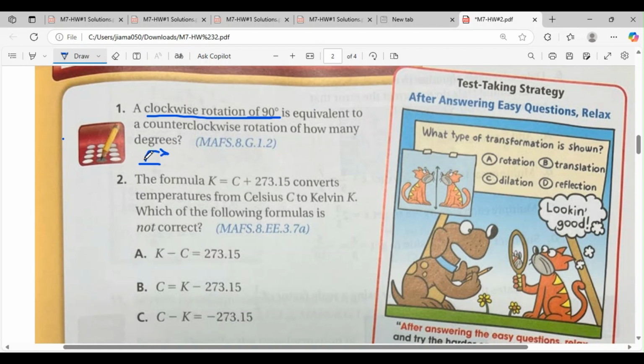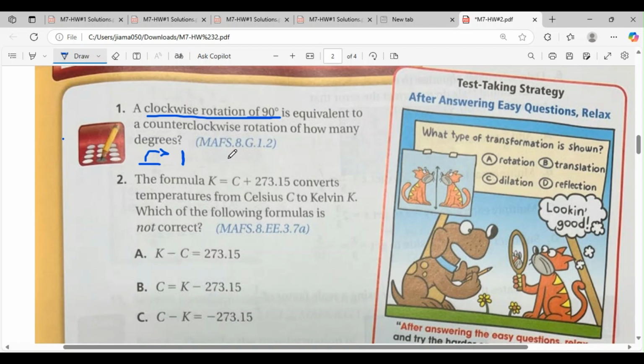Which means the line will look like this after rotating. Okay, so the question is, after rotating clockwise 90 degrees, how many degrees of counterclockwise rotation is it?